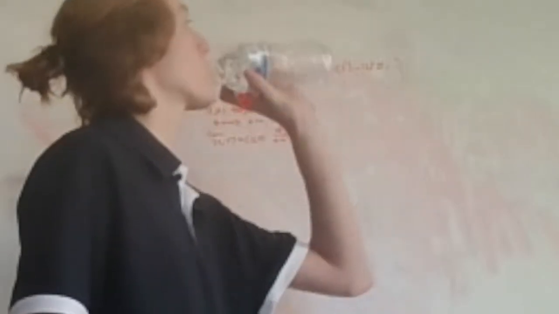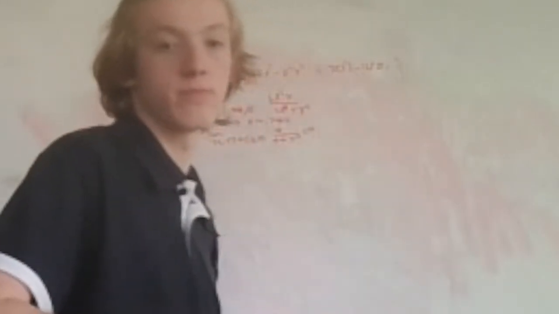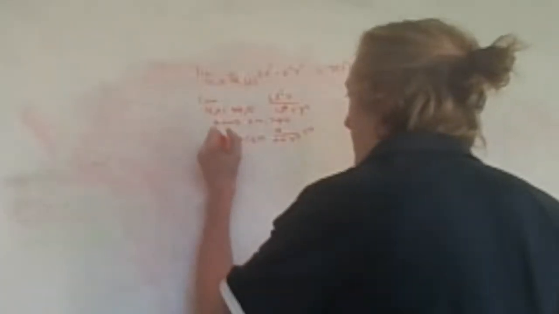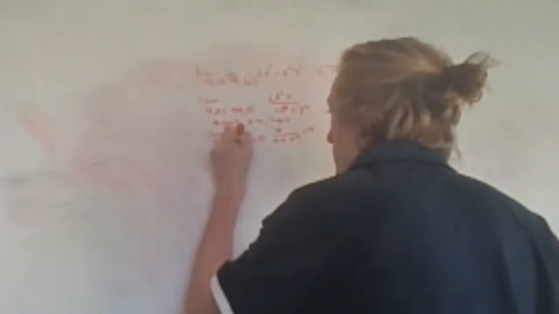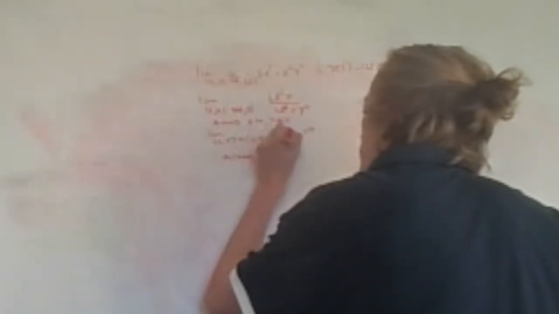When you have these 0 over 0 things that approach 0, the typical thing you want to do is to put one function in terms of another function and have the powers be the same. So let's try y is equal to x.